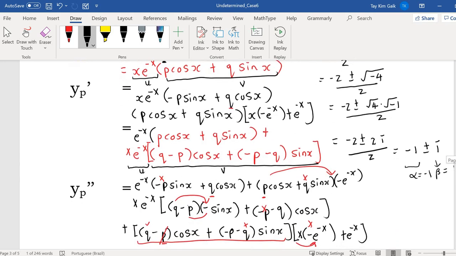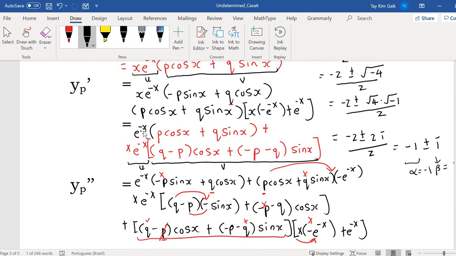To differentiate the second time, the first line here, this is u, this is v prime, plus v u prime. For the second line, in order to differentiate, you need the product rule again. So this is u, this is v prime plus v.